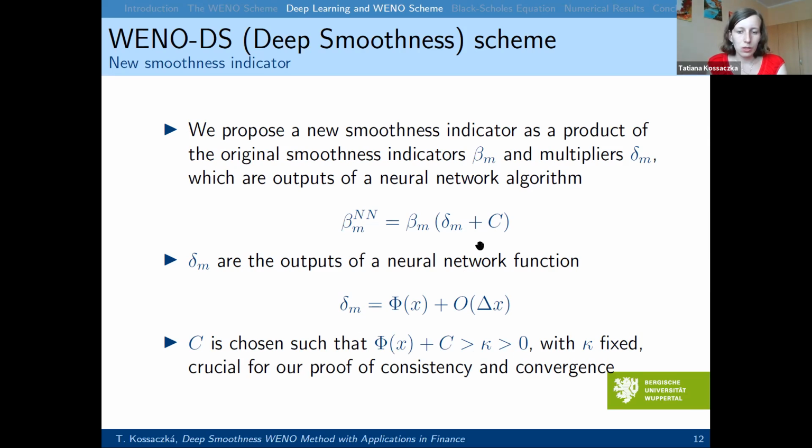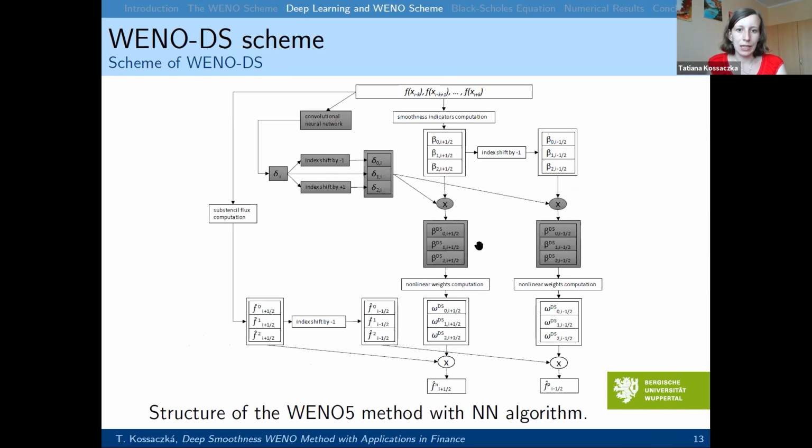Okay, so that's actually the basic idea, and just to conclude what I said, and what we actually do by improving this method, this figure illustrates it very well.